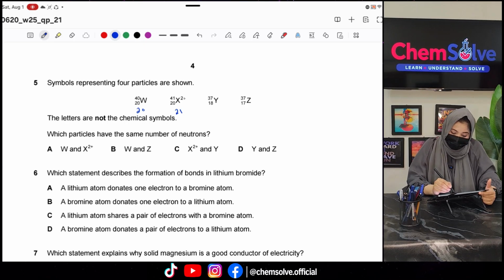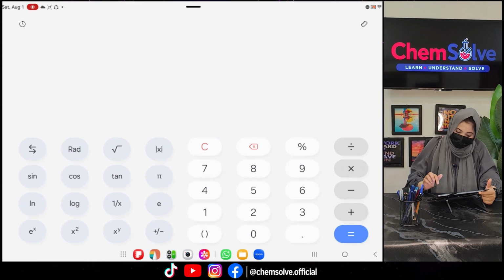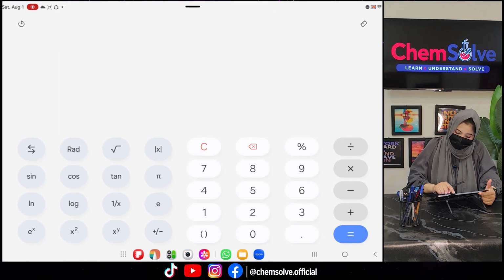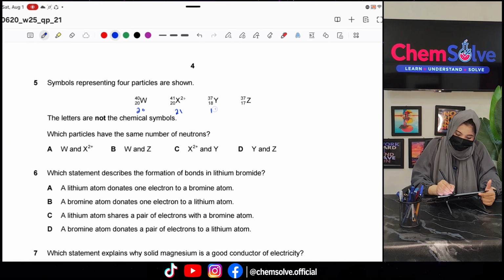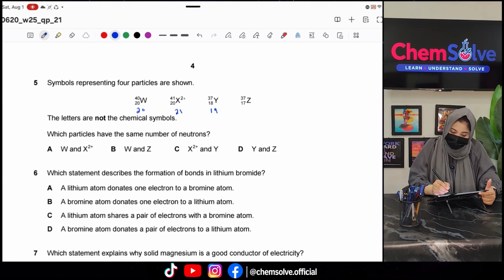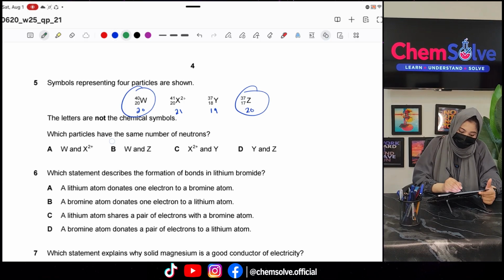Now 37 minus 18, this is 19, and here 37 minus 17, this is also 20. So clearly we have to choose Z and W. So this makes option B.